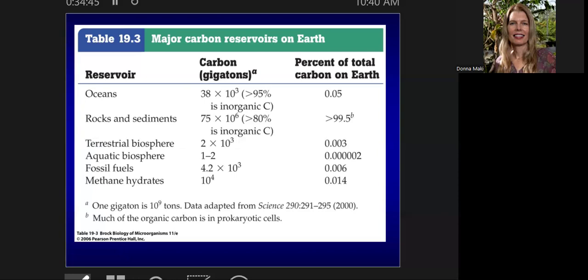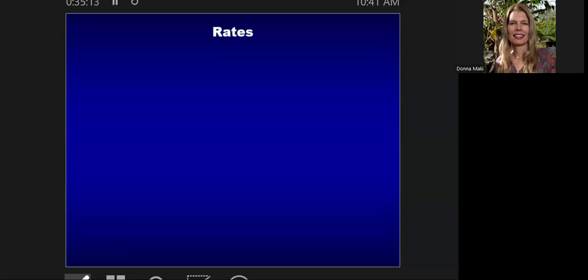And especially when you think about the sediments, you have a lot of prokaryotes hanging out in the sediments. So again, you have this kind of skewed issue where it's not all even Steven. You have a definite favoritism: rocks and sediments have the highest carbon reservoir. And so that certainly does impact how things get cycled.